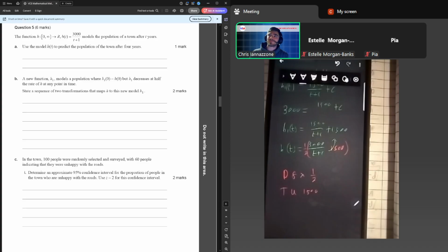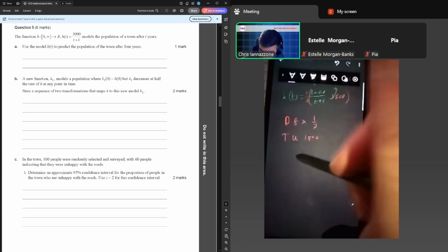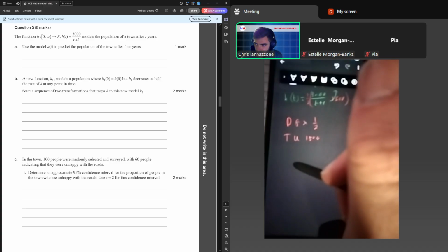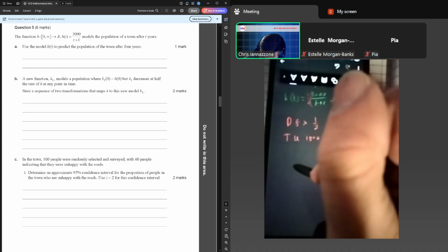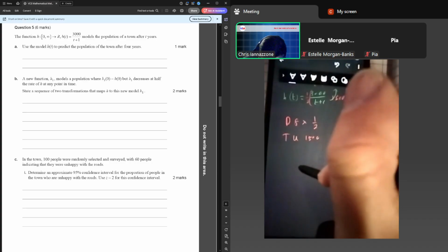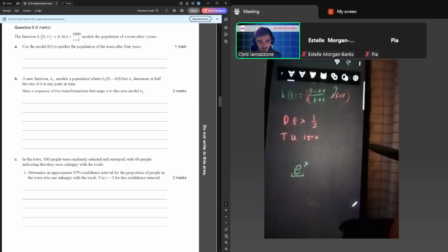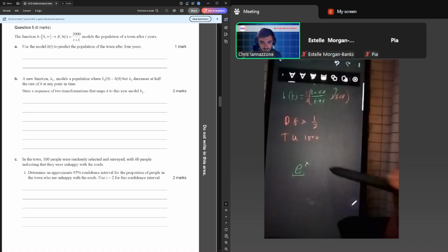For exponentials, maybe don't quote me on this one, but the basic rate of growth of an exponential is based on its base.